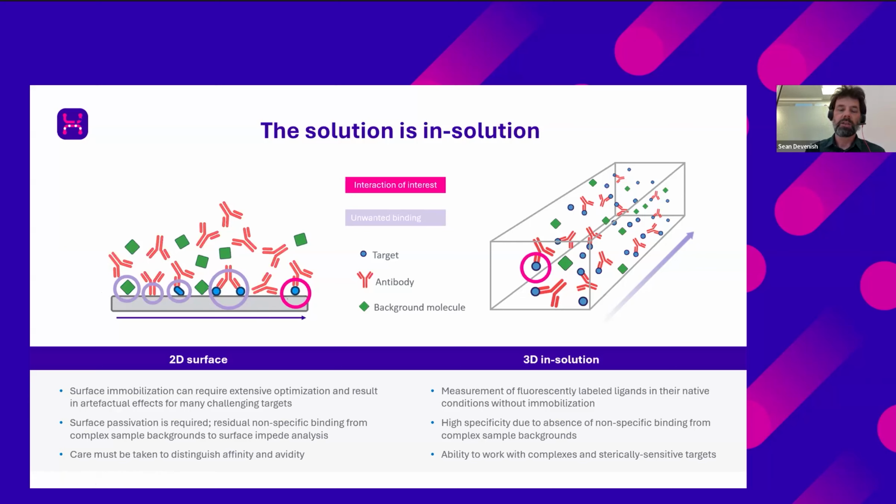This makes it much easier to work with multivalent, polyvalent targets, with molecules that are sensitive to their environment, such as intrinsically disordered proteins, and with highly complex matrices. I'll present some data on these sorts of interactions in the coming slides.